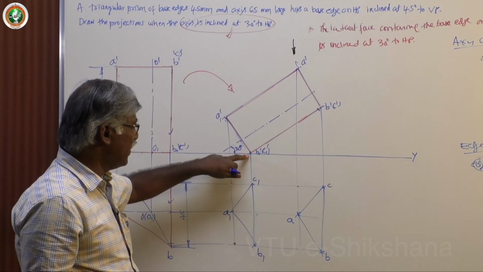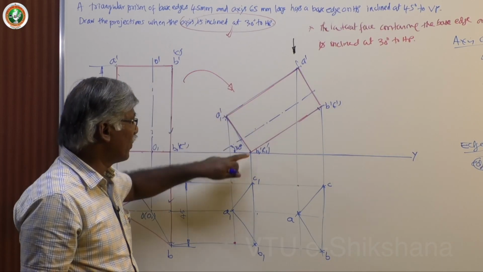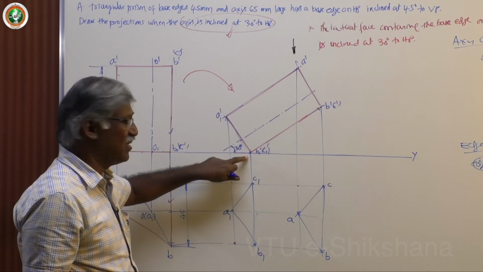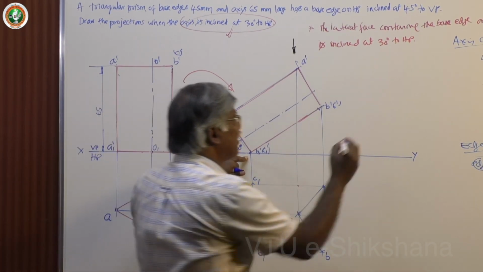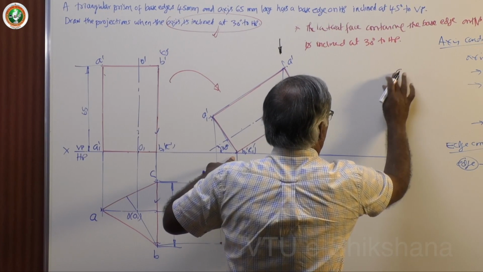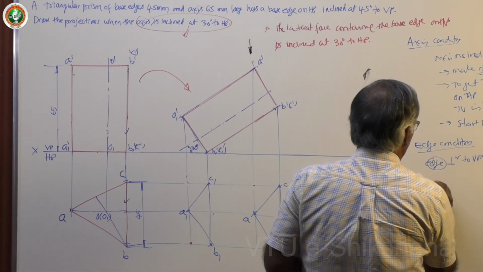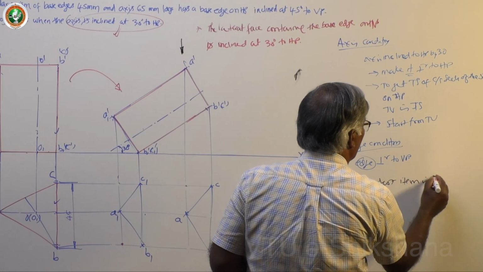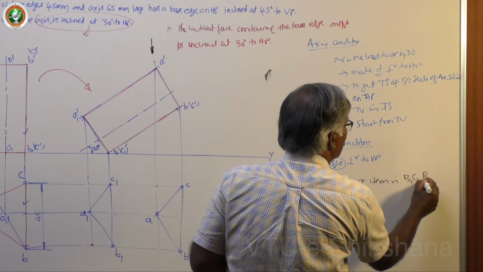Here B1, C1 is the farthest item from you. All others are nearer to you. So the farthest item is B1, C1, the base edge.